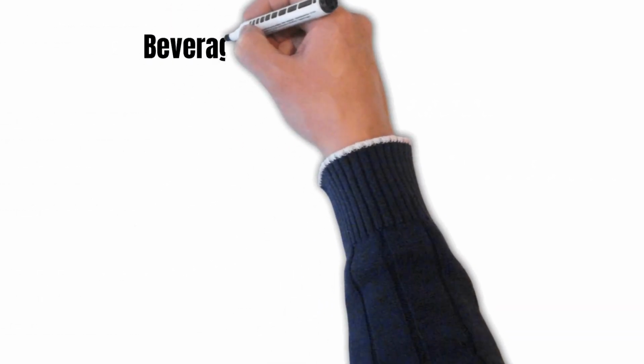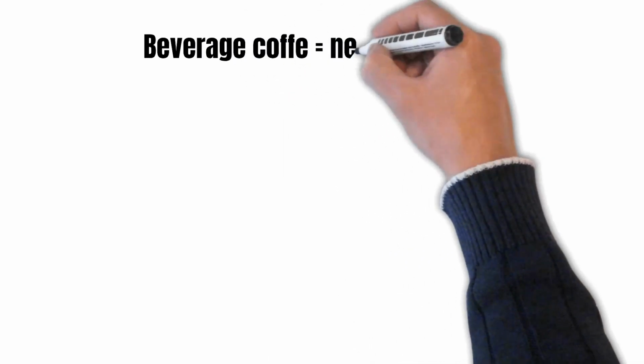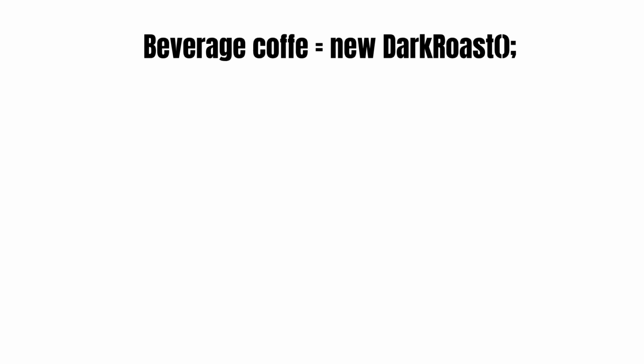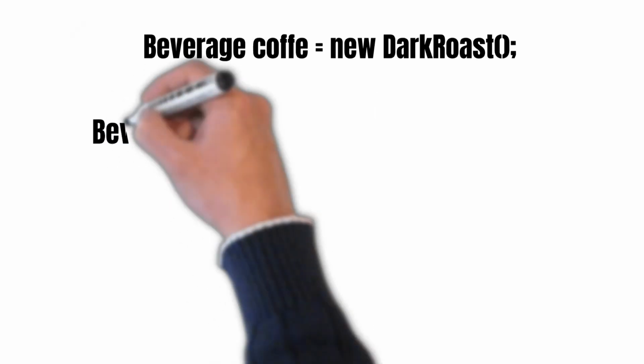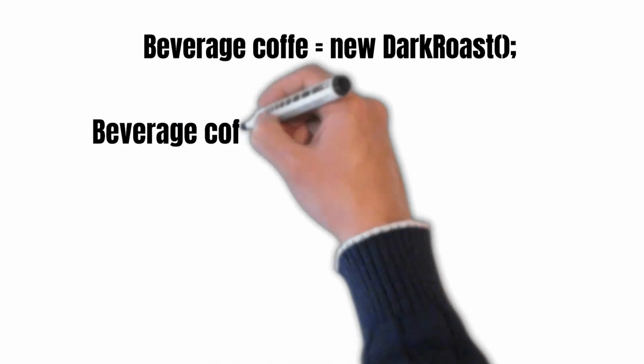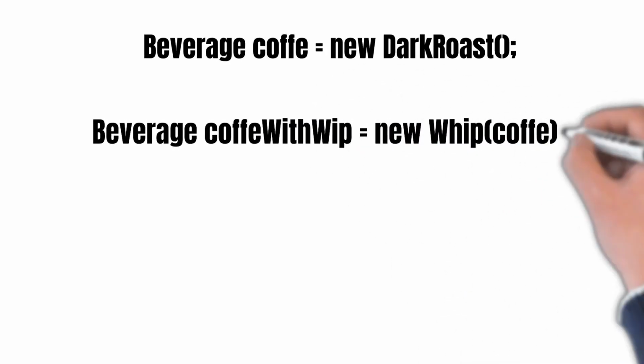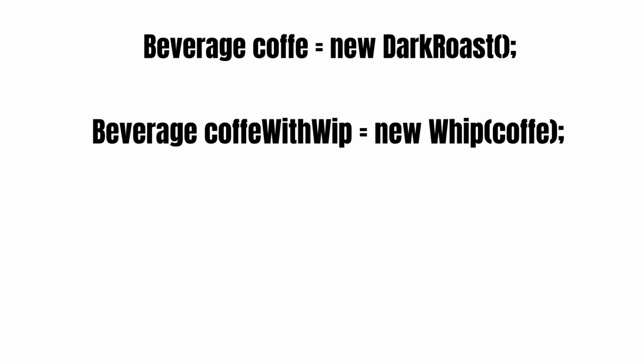So the way to use the decorator pattern is, first of all, we create a coffee object. For example, we create a dark roast coffee, and now we want to add a whip on this coffee. So what we'll do is we will create a whip object and pass the existing coffee object into it, and now our coffee will be decorated with the whip add-on.